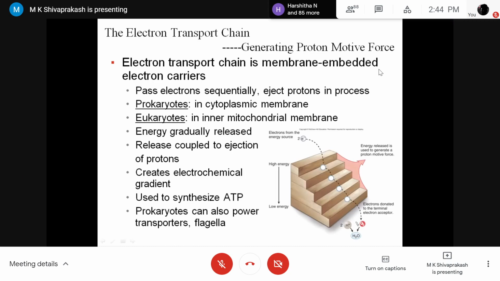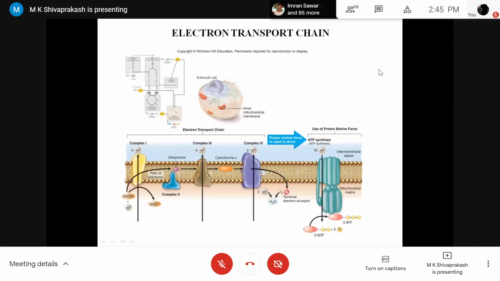In the beginning, the electron transport chain is in a highly reduced state, and as you move towards the end, the redox potential slowly increases.